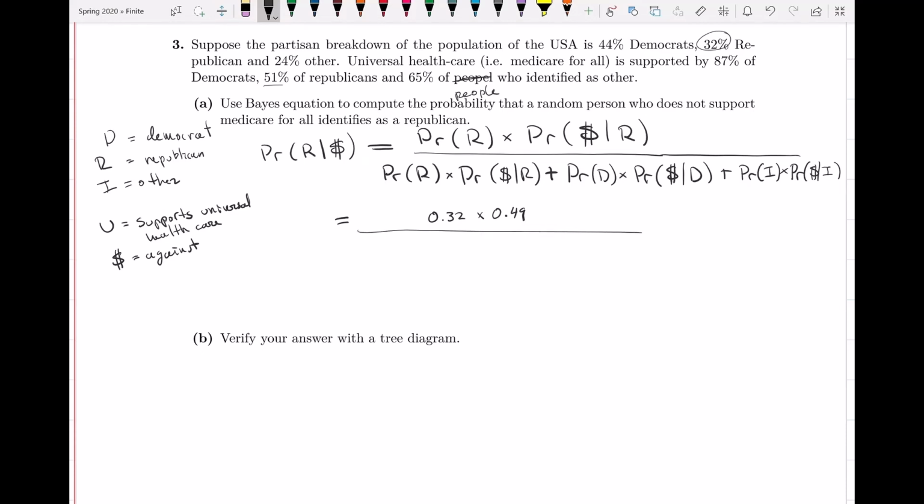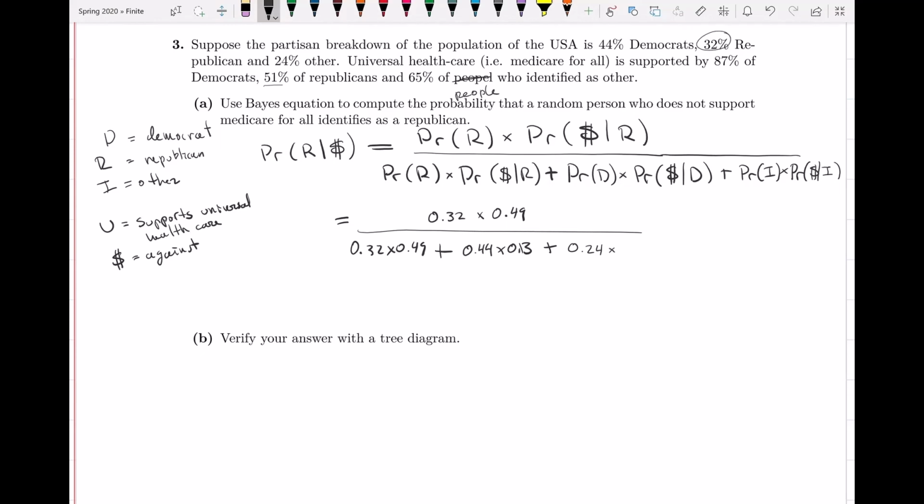Then we have the same situation below: 0.32 times 0.49 plus the probability of a Democrat, 0.44, times the probability that a Democrat doesn't support healthcare, which is 0.13, plus the probability of being an independent, 0.24, times the probability that the independent doesn't support.